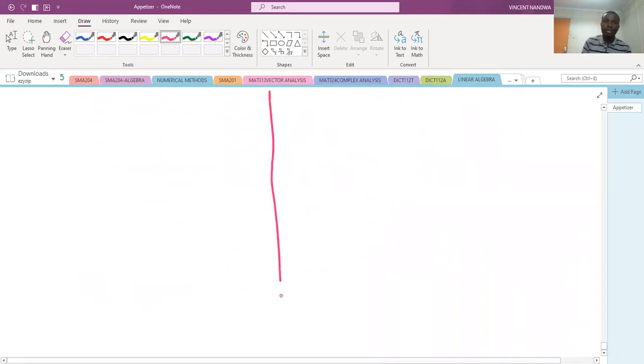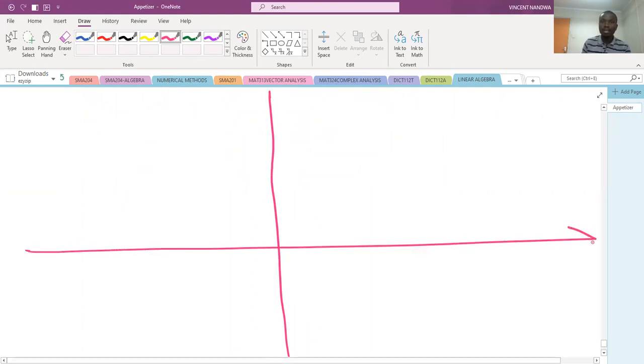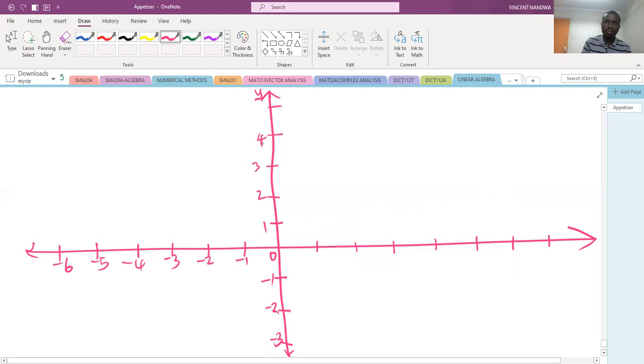We'll have this as my y-axis and this is my x-axis, with the values marked along each.